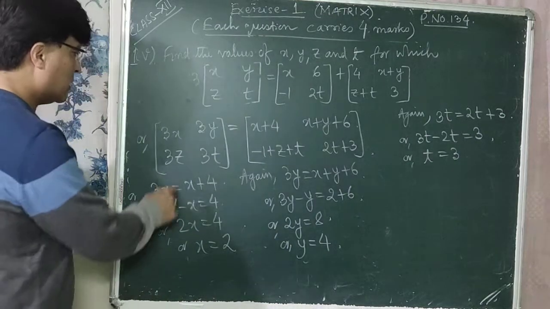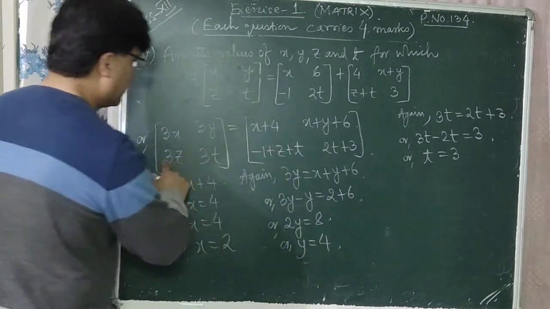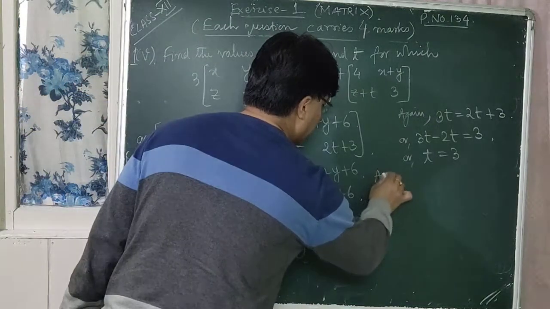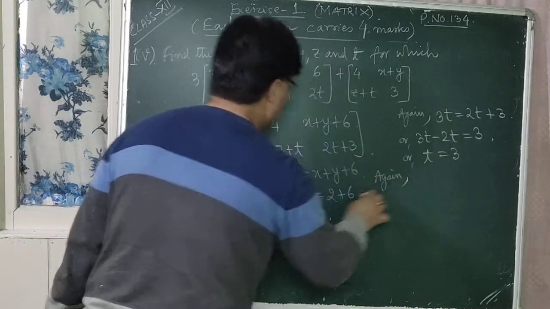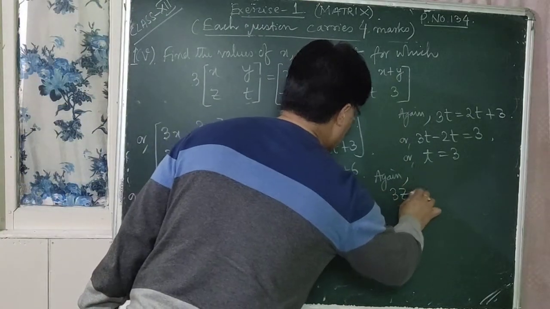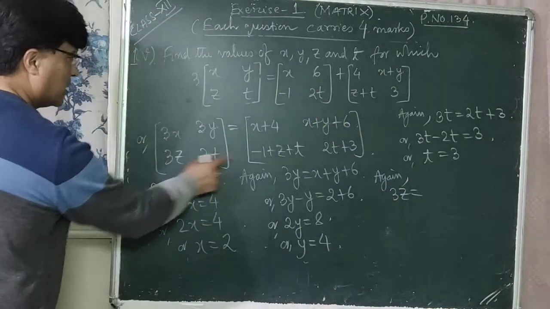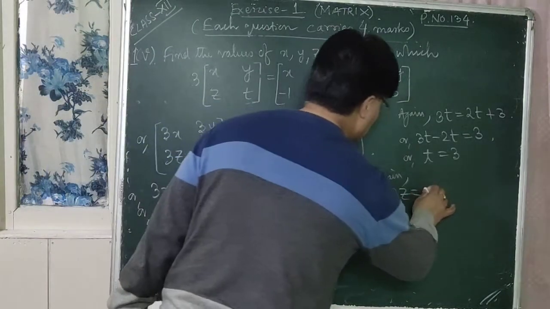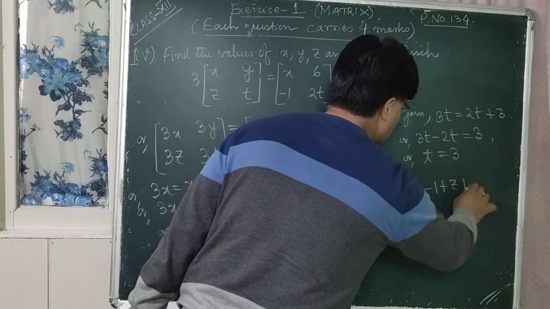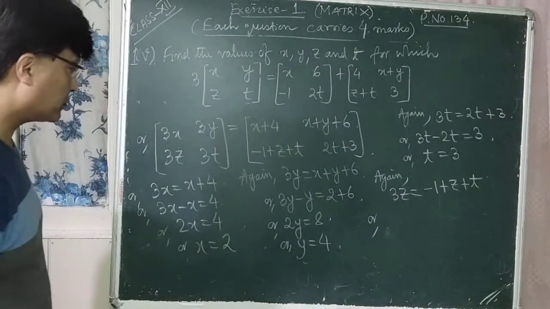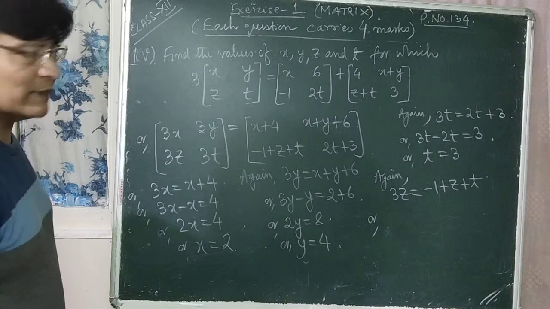Now we can equate the first element from the second row on both the sides, right? Again we can write 3z is equal to this element, that is minus 1 plus z plus t. Now here you can put the value for t.